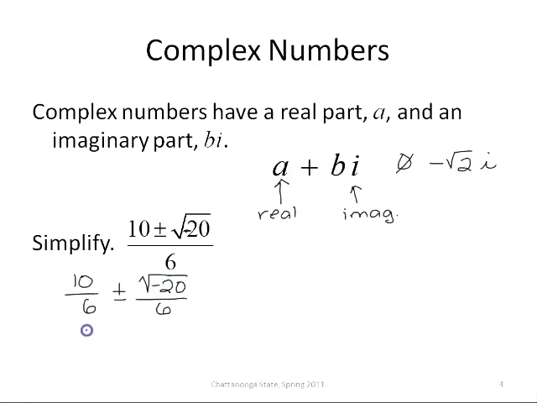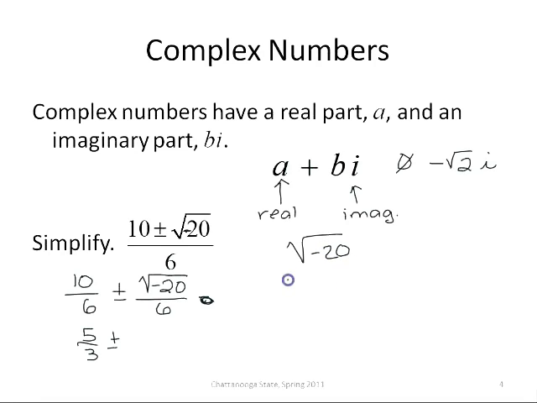Now I know that my 10 over 6 is going to reduce. That's going to reduce to 5/3. So my real part of this number is 5/3. But now I need to work on that square root of 20. So I need to simplify that.